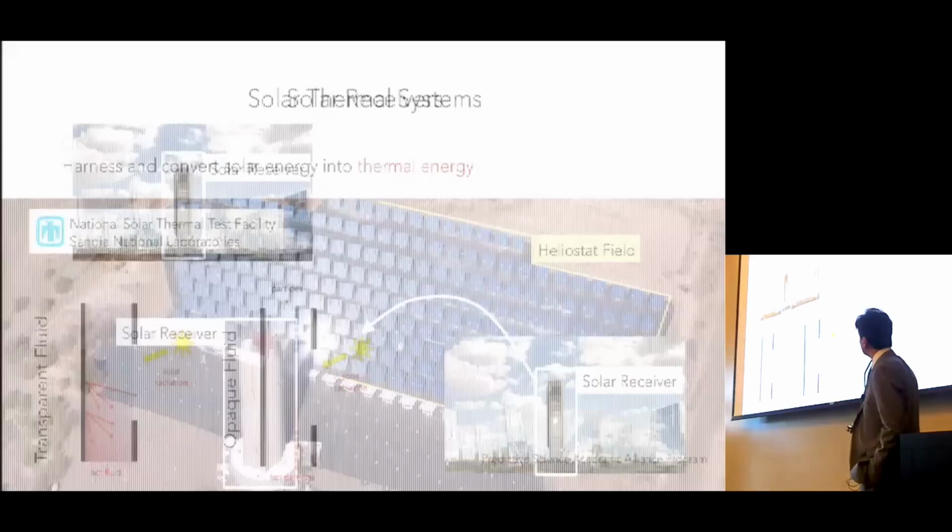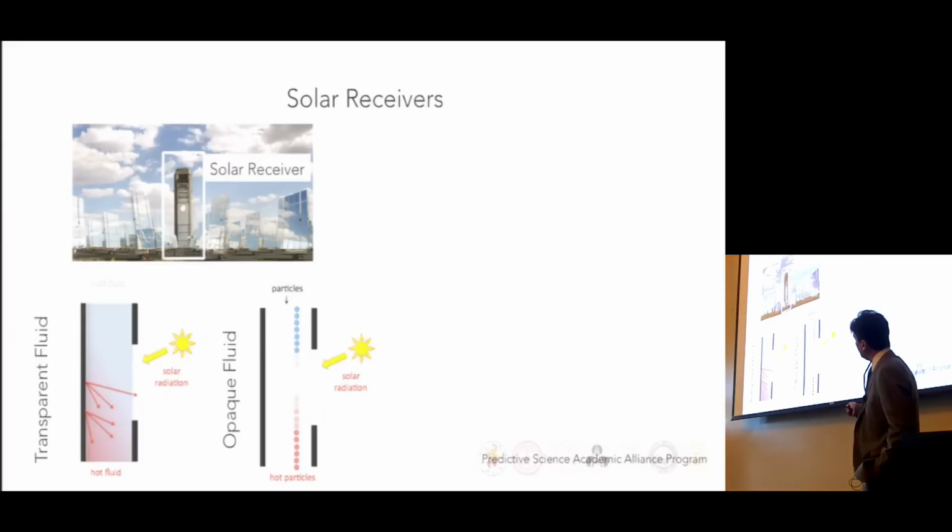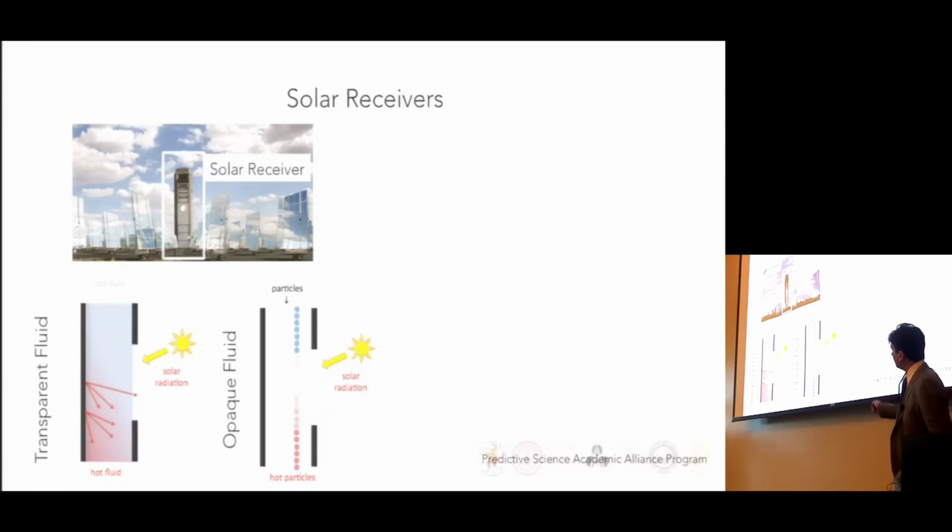And if I take a cross-section of that tower, there is a fluid flowing through it, which, depending on its optical characteristics, transparency characteristics, either is transparent to the solar radiation and so gets heated by conduction from the walls of this cavity, or actually is opaque, like a curtain of particles, and gets heated directly from direct absorption of the light.